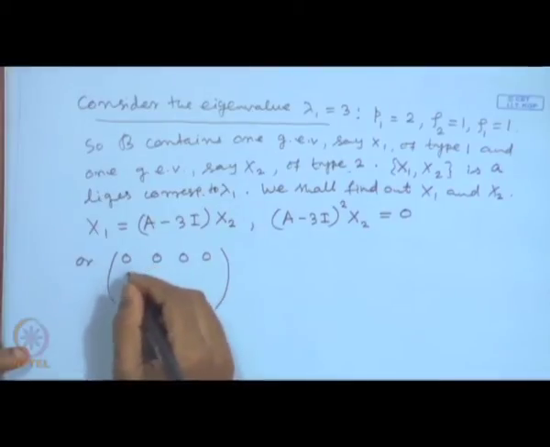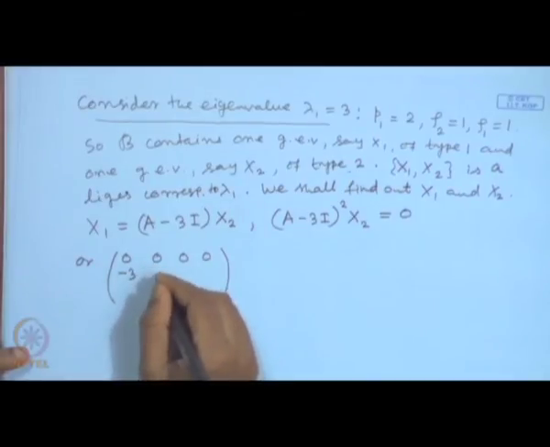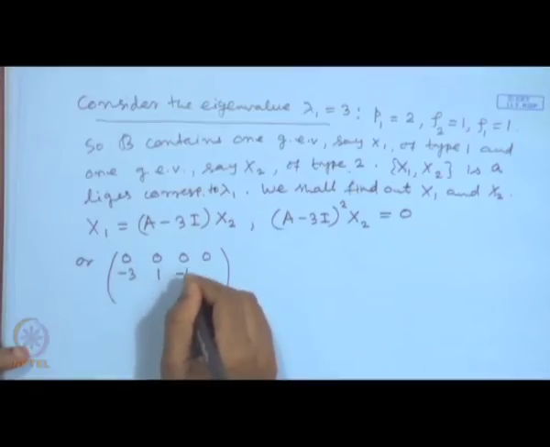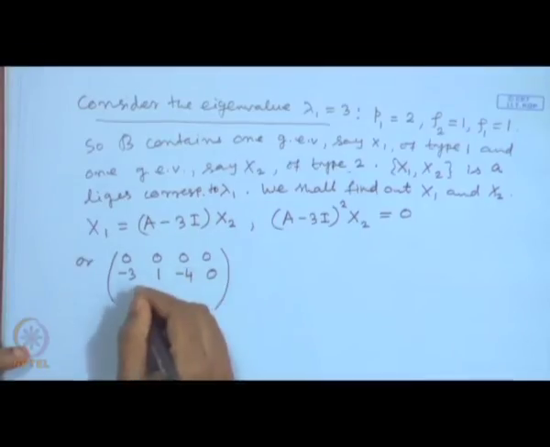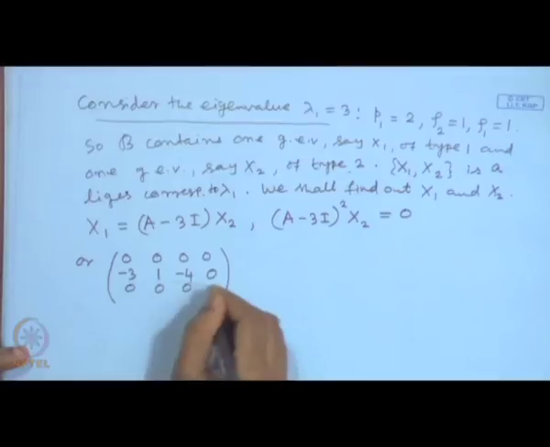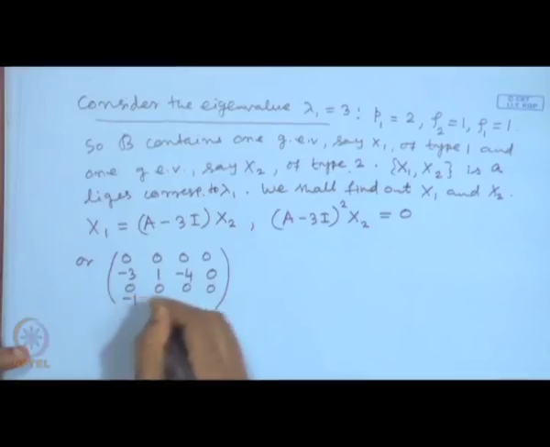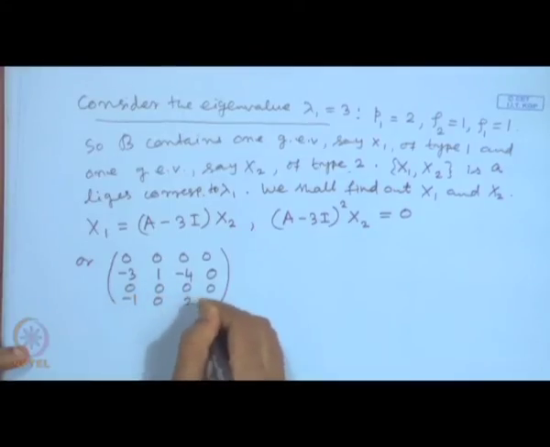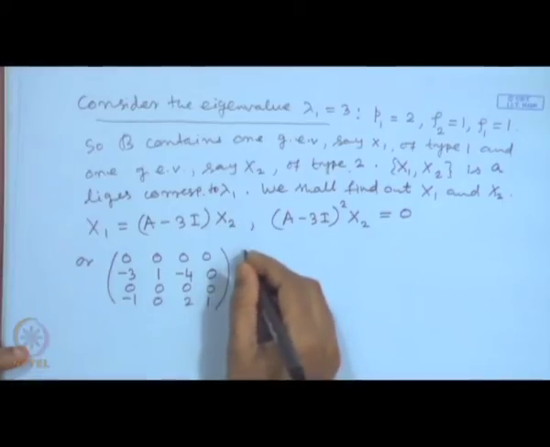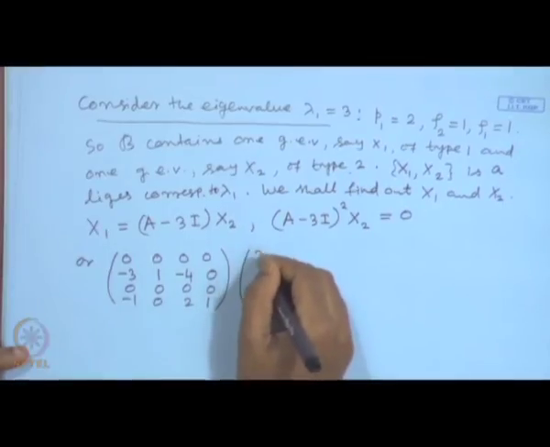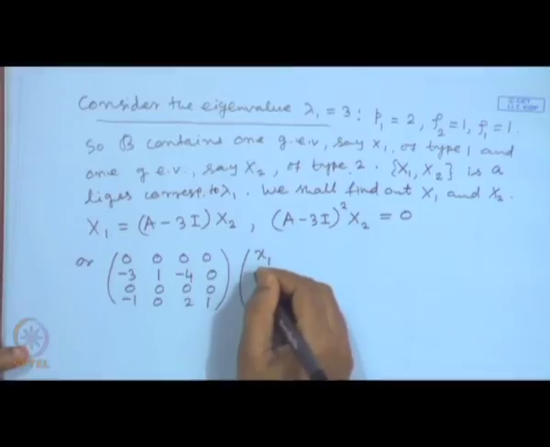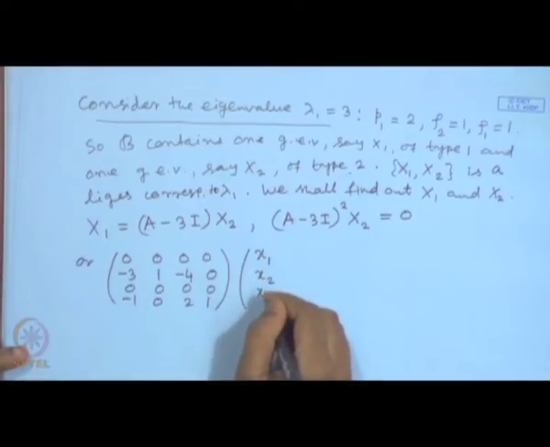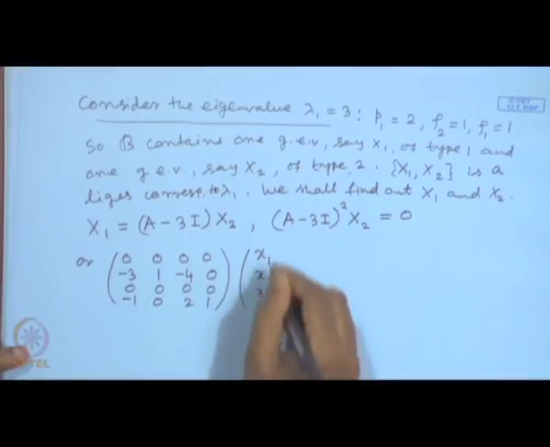First row is all 0, second row is minus 3, 1, minus 4, 0, then 0, 0, 0, 0, and then minus 1, 0, 2, 1, and for x 2 we consider the entries x 1, x 2, x 3, x 4.